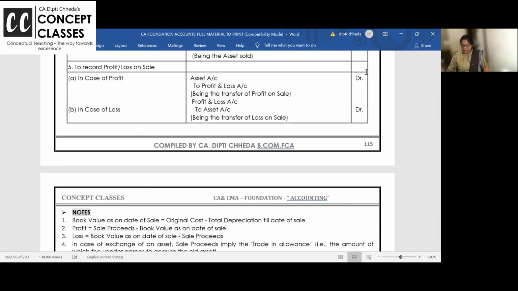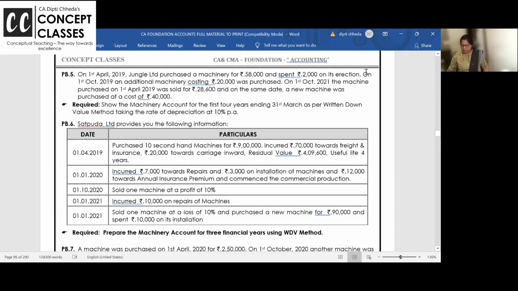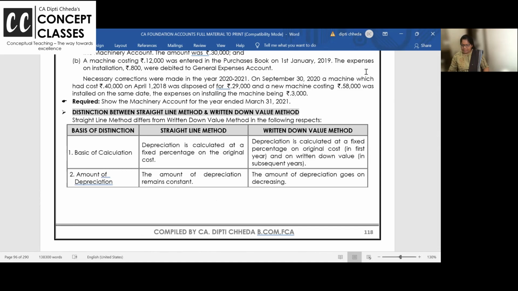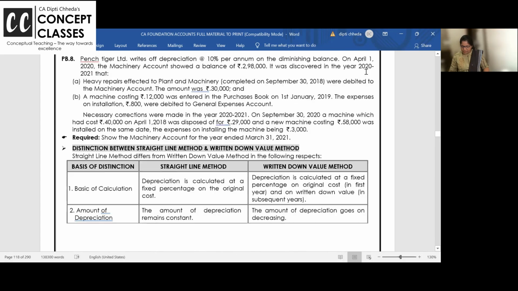Yes, we have completed all this concept. Whenever the booster notes have also given, whenever you charge the depreciation. Yesterday we have done till the sixth question.